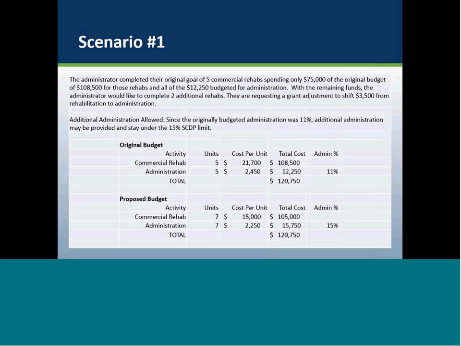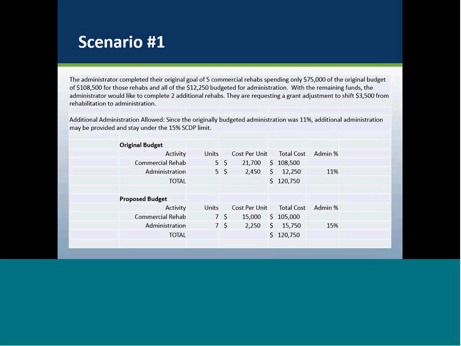On the screen here is an example of how to determine if a grant adjustment would be likely to be approved. In scenario 1, the administrator completes 5 rehab projects, spent $5,000 of the original budget, and used up all $12,250 that was budgeted.